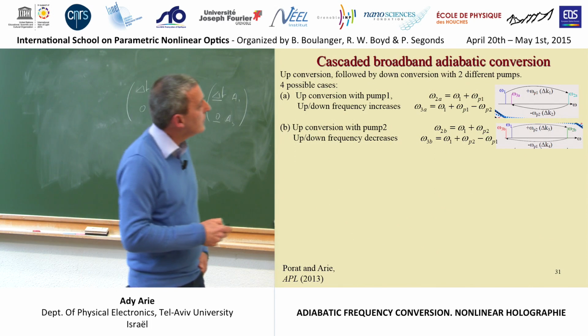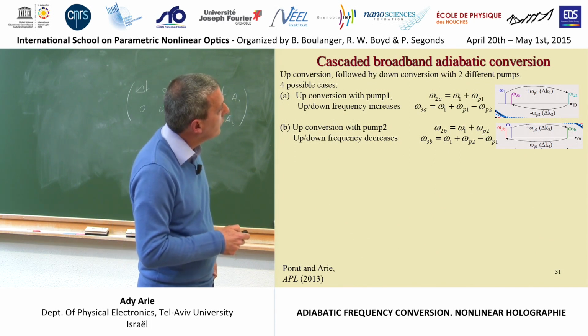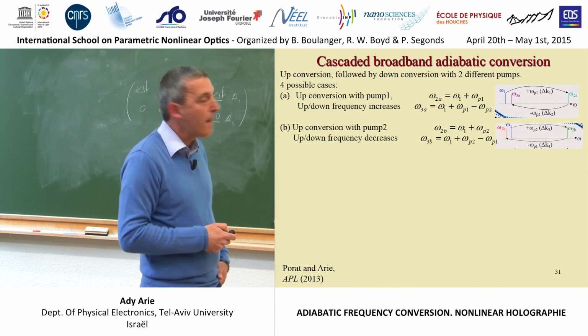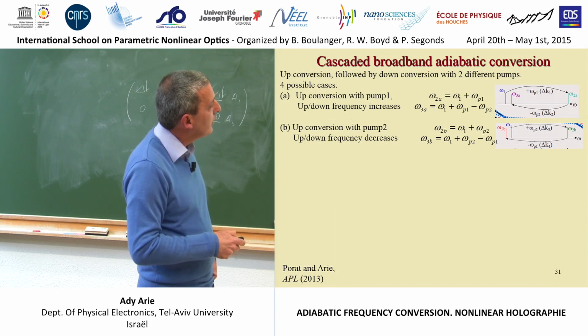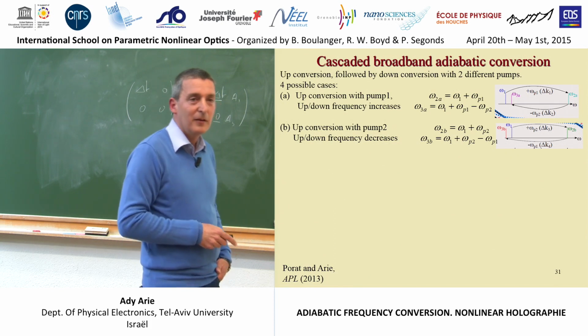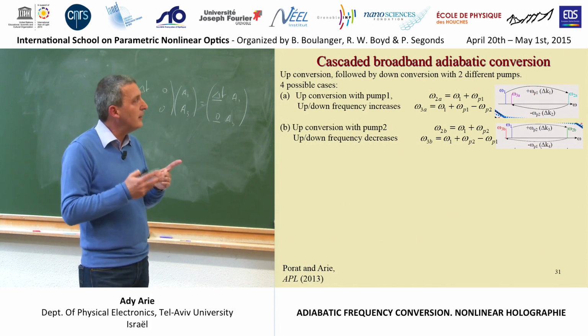OK. So let's start here. We go from omega 1 to omega 2, and from omega 2 back to here. This is one option. But with the same pumps, we can go from omega 1 to a different frequency, omega 2b, and then go back to omega 3b. Okay, because we just basically send a signal and two pumps.